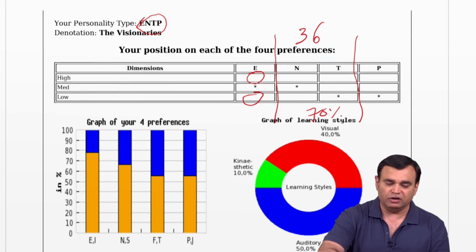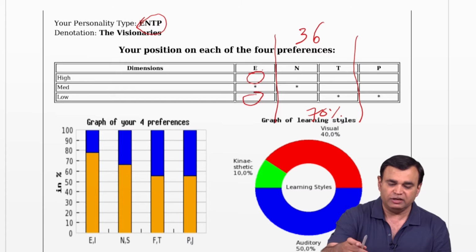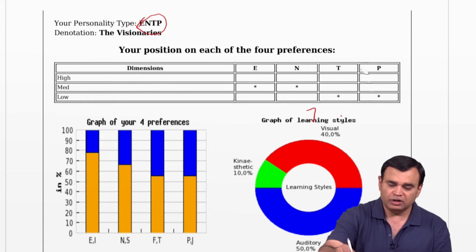So this graph here that you see, bar graph, you will see that this is an E. Let me take this off so that it is clear to you.